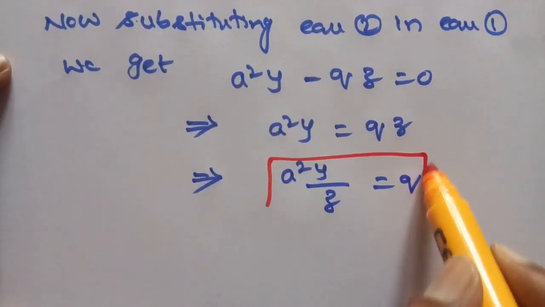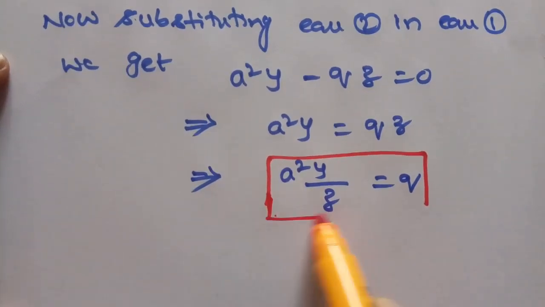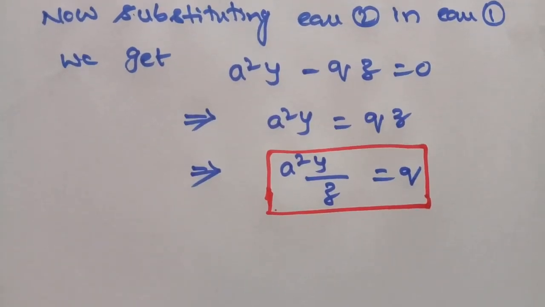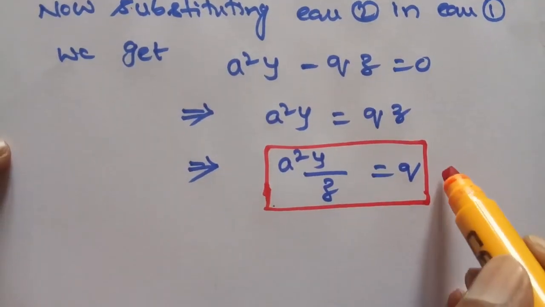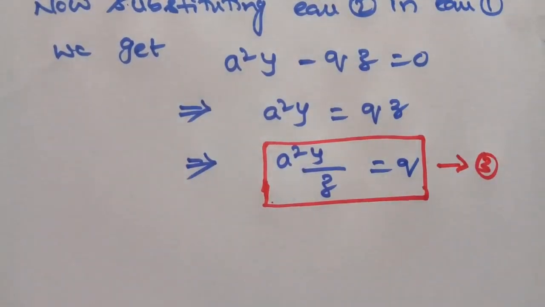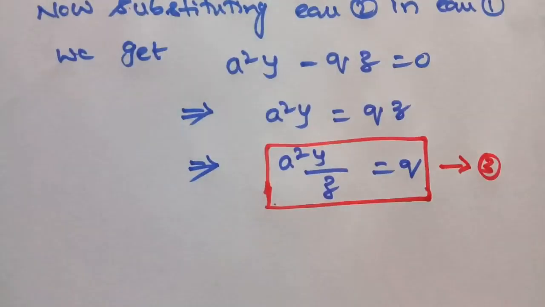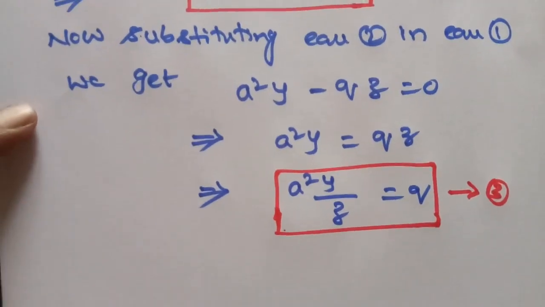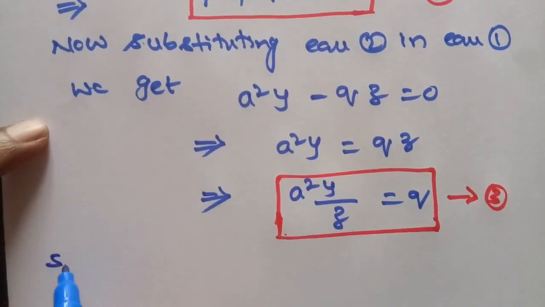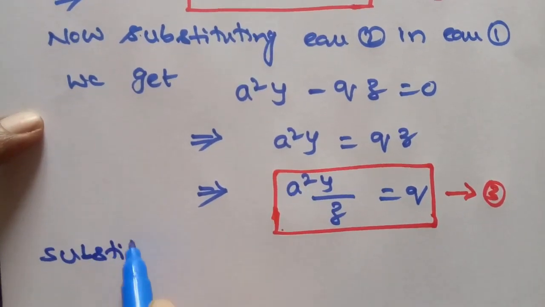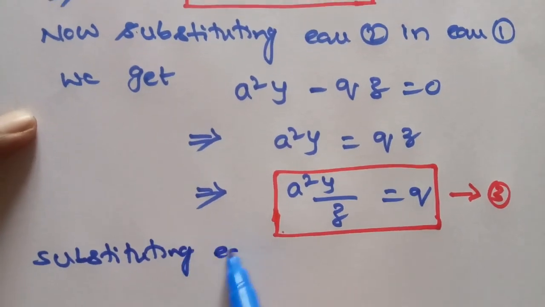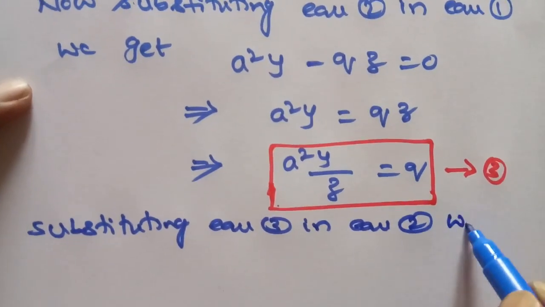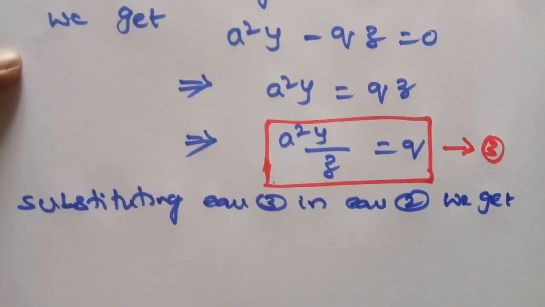Say this is equation number 3. Substituting equation 3 in equation 2 to find the value of p.